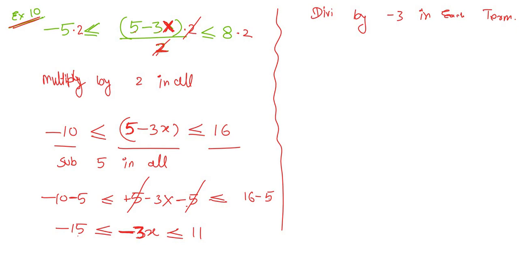Whenever we divide by a negative number, the inequality changes. So write down, this is a rule. Correct? So this is the main rule. Whenever we divide or multiply by a negative number, the inequality changes. So this is what I will do here.